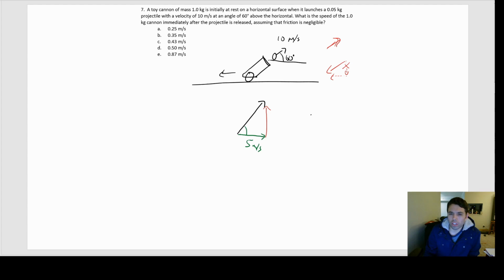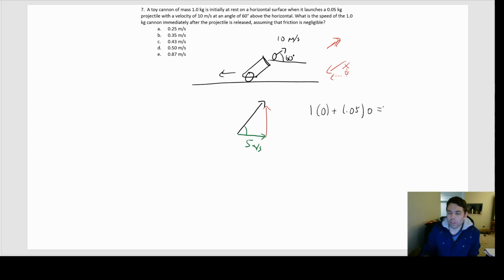We're going to do conservation of momentum for the horizontal direction only, because the cannon can't go vertically. So the mass of the cannon is 1 times its initial velocity, which was 0, plus the mass of the ball, which is 0.05, times its initial velocity, which was 0. Everything's 0 initially. Now we only care about the x component.